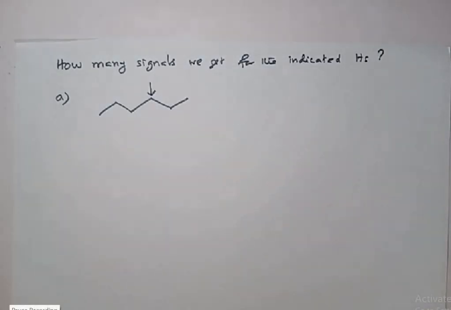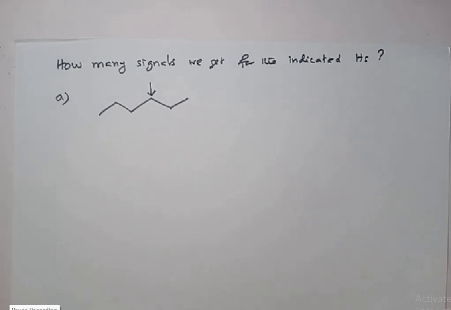What is homotopic? If two hydrogens on replacement by chlorine neither form enantiomers nor form diastereomers, then the two hydrogens are called homotopic hydrogens. I repeat, if two hydrogens are attached to a carbon, replace one by chlorine and find the isomer, find the configuration, and then replace the other hydrogen by chlorine and find the isomer.